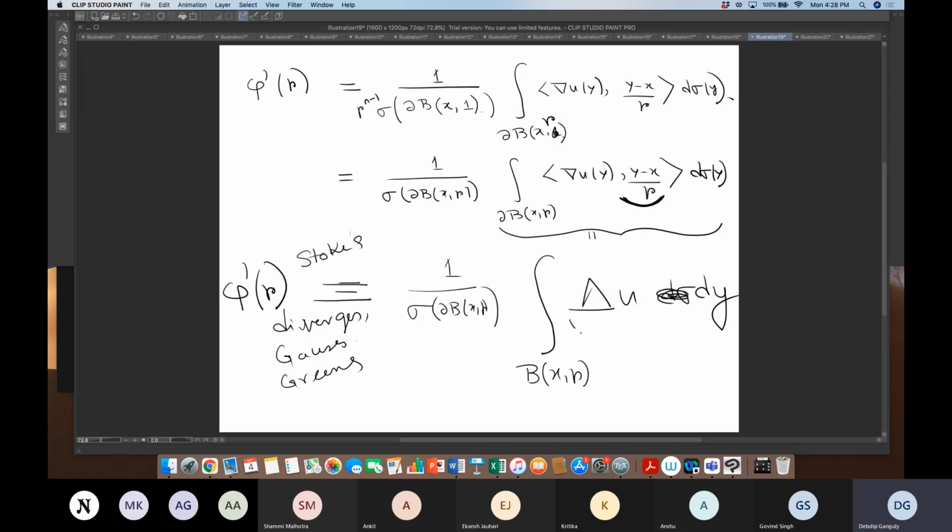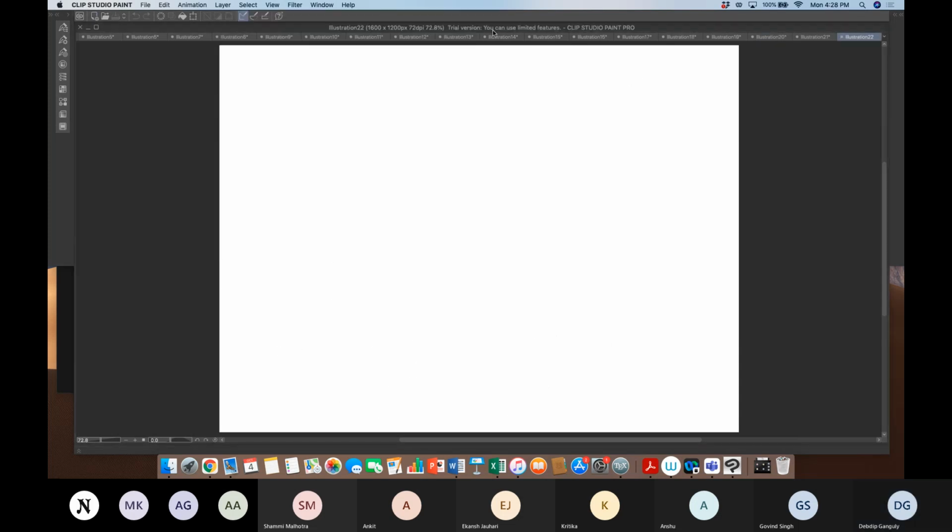Now what can I say? What is the Laplacian of u? It is 0, because u is given to be a harmonic function. So what have I obtained? Phi prime of r is 0. So phi must be constant.